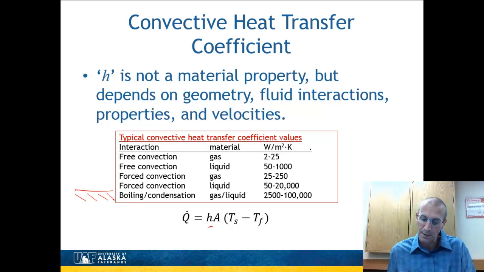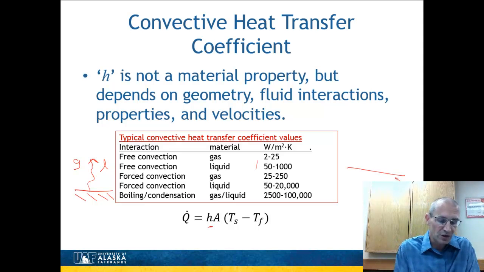Well, if this was, for example, a hot surface here and free convection was occurring, the heat would just be sort of rising up off of it due to buoyancy. It's not a very good mode of heat transfer, and we realize that free convection tends to have smaller values. Gas and liquid is whether this fluid out here is a gas or whether it's a liquid.